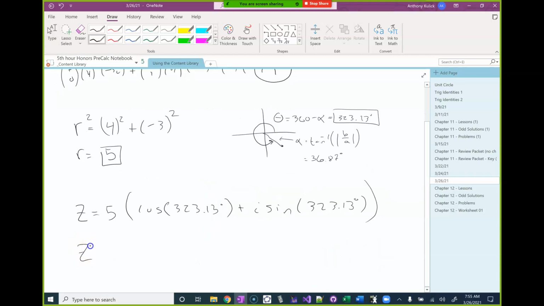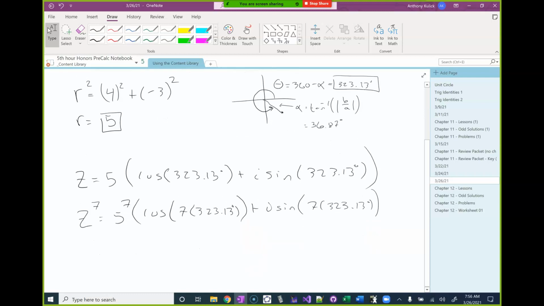So z to the 7th is just going to be 5 to the 7th cosine of 7 times 323.13 plus i sine 7 times 323.13. And then, Sophia, on this question, are they asking for an answer in standard form or trigonometric form? Okay. So 5 to the 7th is that number.